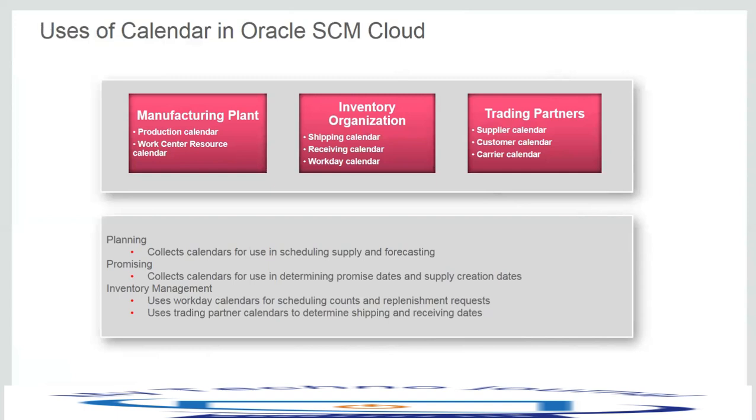We will talk about how we can collect this kind of data during some of the other workshops, like planning related workshops or order management related workshops, wherein we will have a specific topic on collections. They use these to determine the capacity and constraints, and to determine available dates for production, shipping, and receiving.